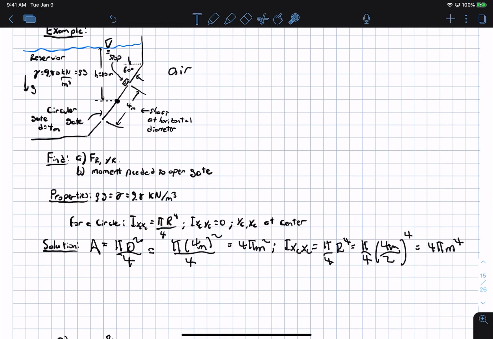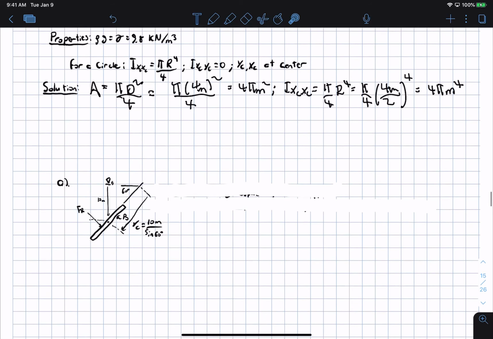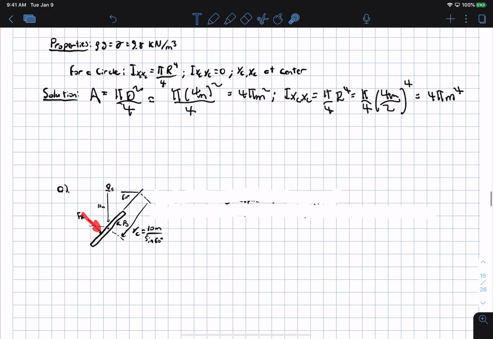So not only do we have a distributed pressure load from the water pushing on the gate, but we have atmospheric pressure, a uniform load of atmospheric pressure pushing on the gate from the back. Okay, so we have resultant force from the water pushing on the front, and a uniform load of atmospheric pressure times the area pushing on the back.